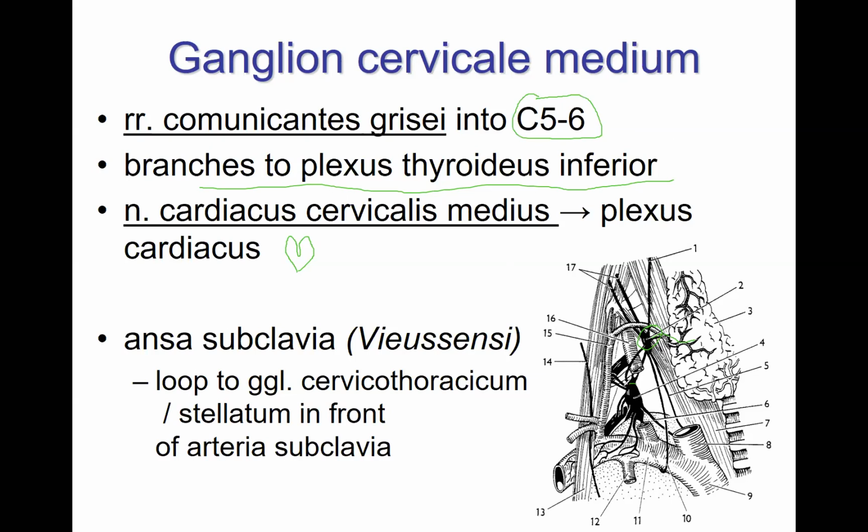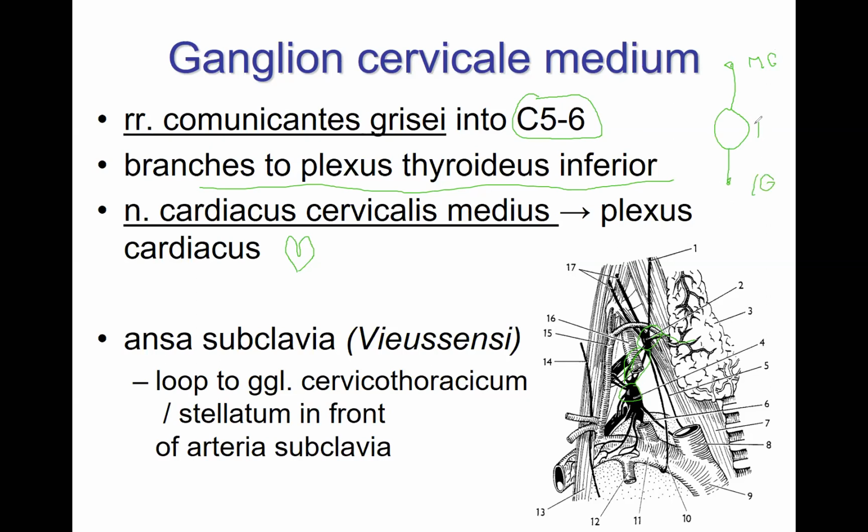And this is the inferior one. Sympathetic trunks here. But in here, in front of the artery, you can see that there's also a fiber. This fiber forms the same as I showed you in the middle meningeal artery and auriculotemporal nerve. So here we have the middle ganglion, and here we have the inferior ganglion.